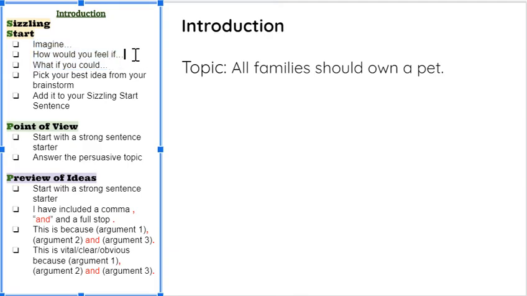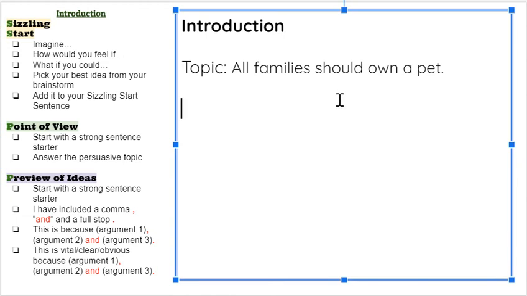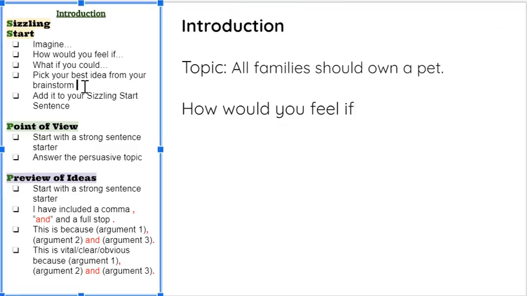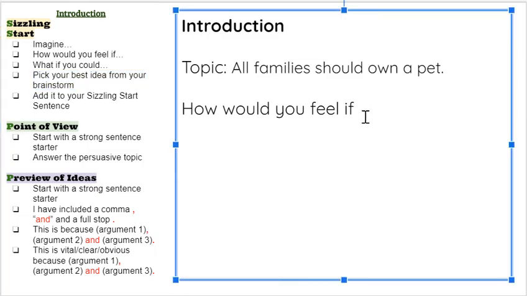Here are some that you can pick from, or you can choose your own. I'm going to pick how would you feel if. After you do your sentence start, you pick your best idea from your brainstorm and you add it onto that sentence.